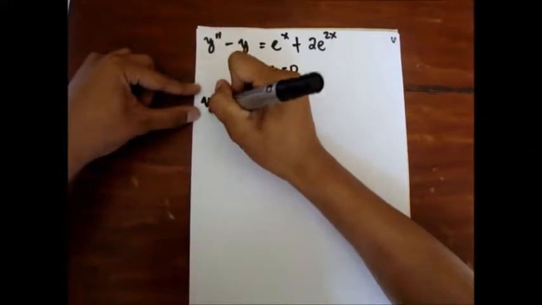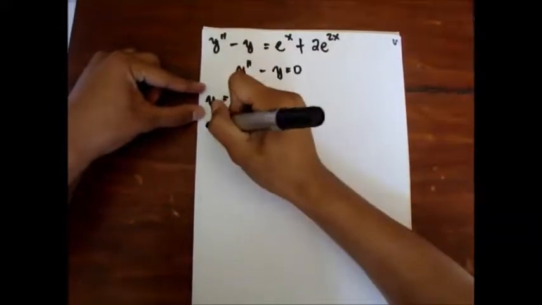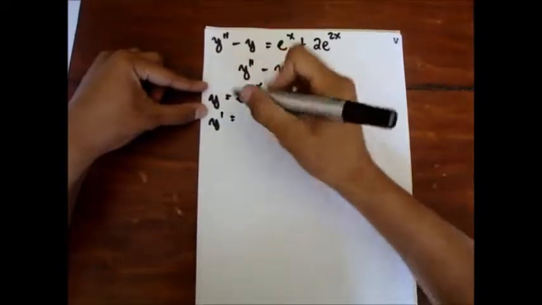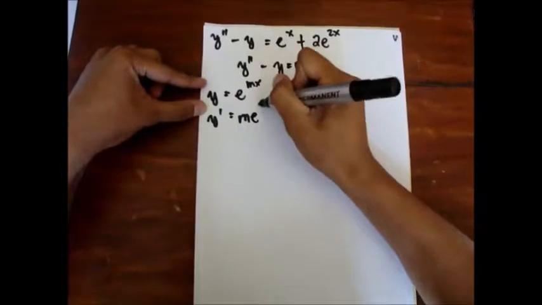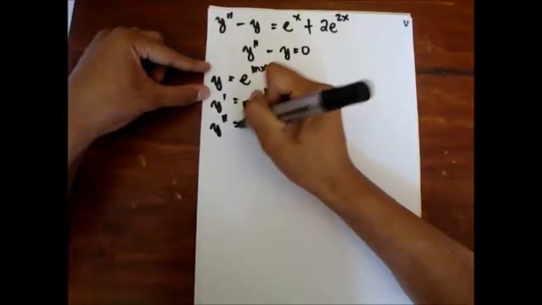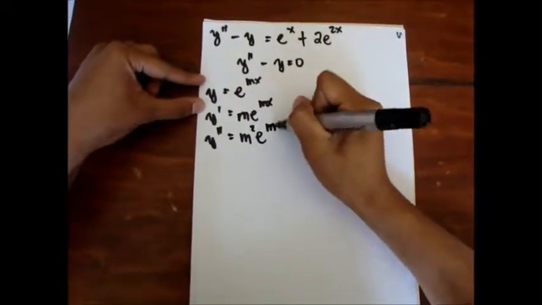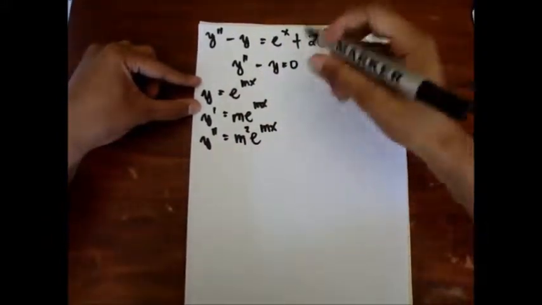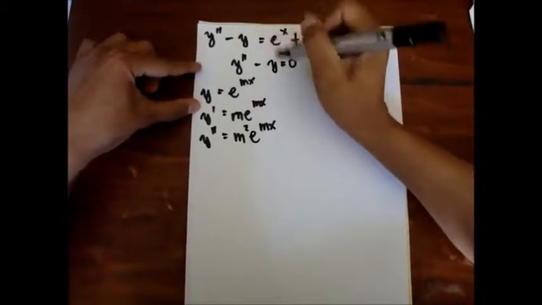So first, y equals e raised to mx, then y prime equals m e raised to mx, and y double prime equals m squared e^mx. Then we will substitute this to this equation.